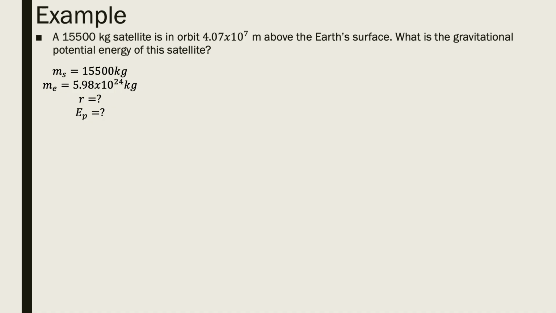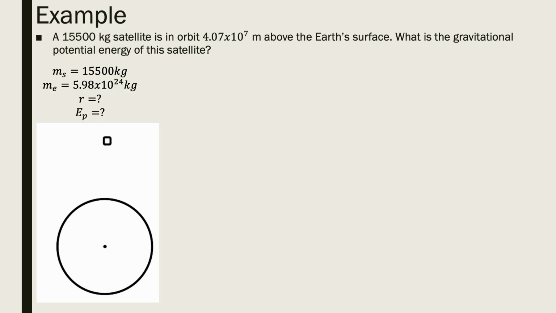So writing off the information we have, we've got mass of satellite. We also have mass of the Earth, which we know is 5.98 times 10 to the 24 kilograms. What we don't actually technically know is what our r value is, because we're just given distance above the Earth's surface, so that's not center to center, which is what our r value is. And we need to solve for our potential energy.